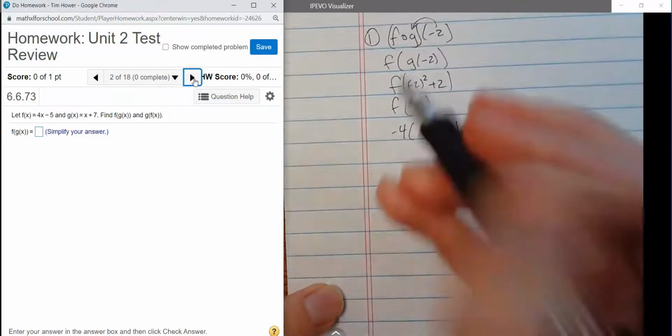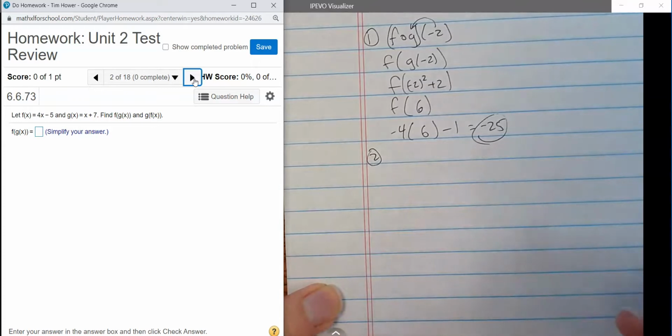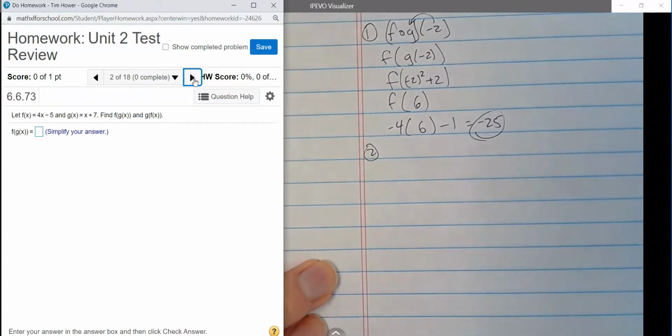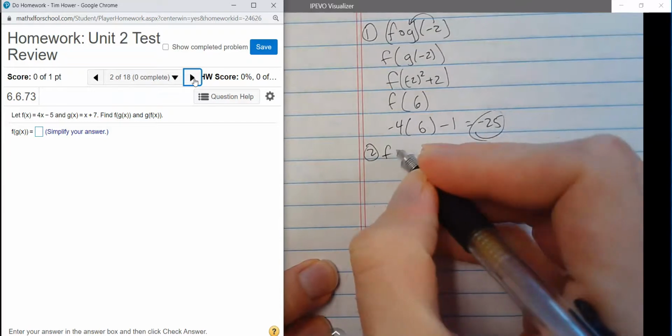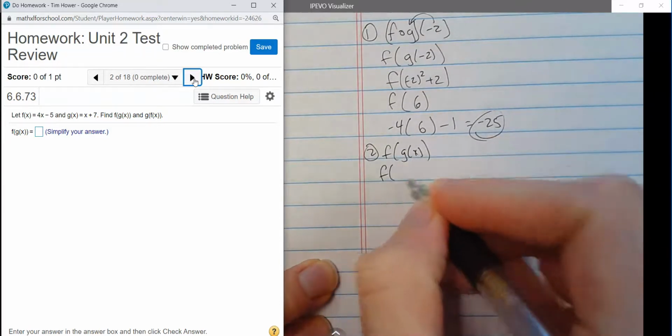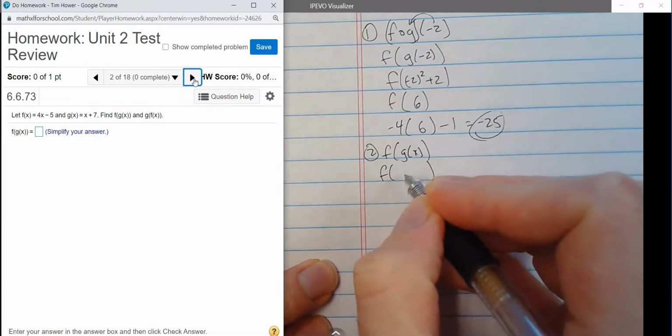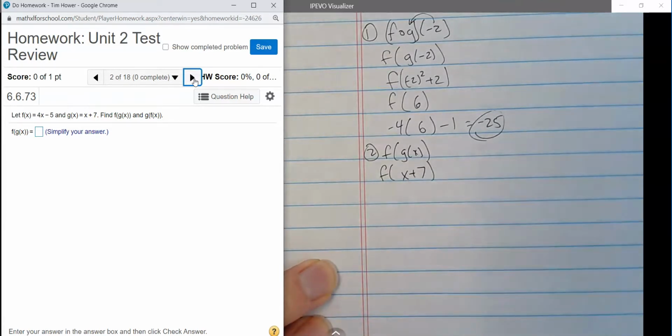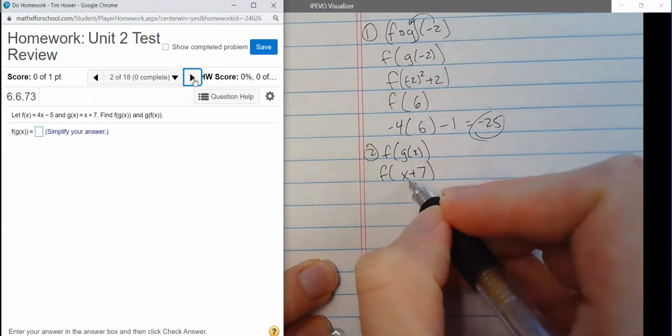Number 2 is you're composing. We're going to compose both ways. We're not plugging a number in. We're actually going to compose the functions themselves. So this one is a little bit more. So we got f of g of x is what they want first. Well, f of, and then g of x is actually x plus 7. So I'm going to replace g of x with x plus 7.